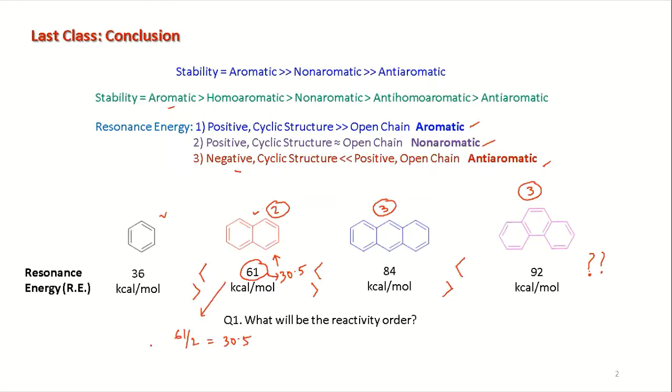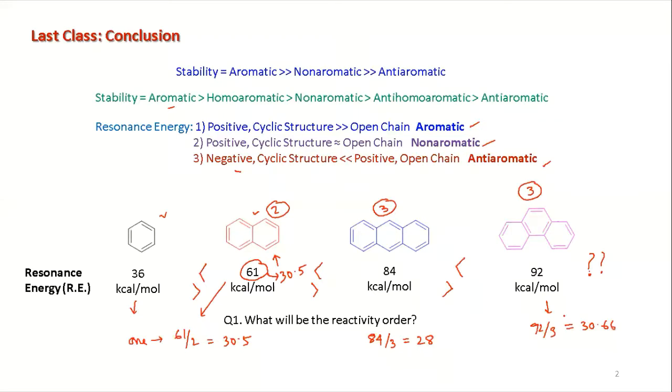So for each individual benzene ring you have to consider it individually, because benzene here has one. For anthracene, you have 3 rings, so 84 by 3 gives 28. And for phenanthrene, you have 92 by 3, that gives 30.66.